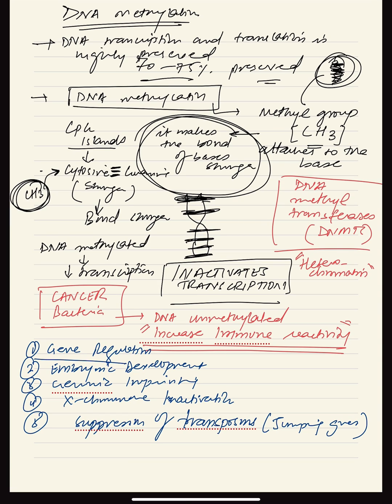Gene regulation, how it is important is that it is for controlling the gene expression and helping to turn the genes on and off during cell differentiation. So it is basically regulating the gene expression during cell division.